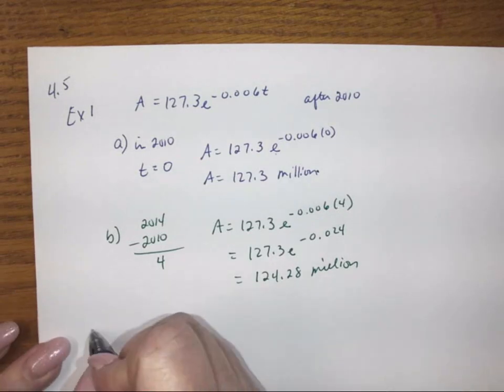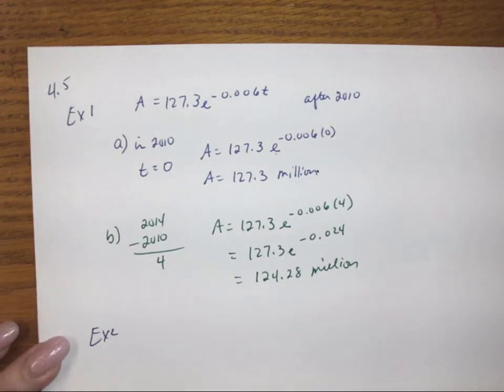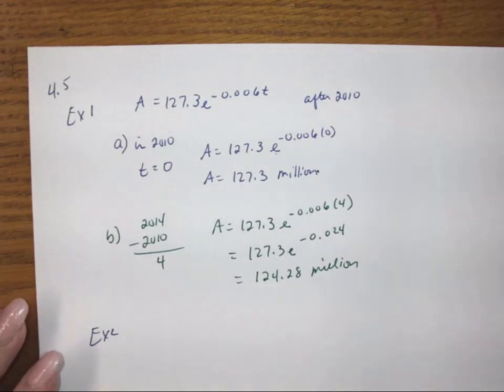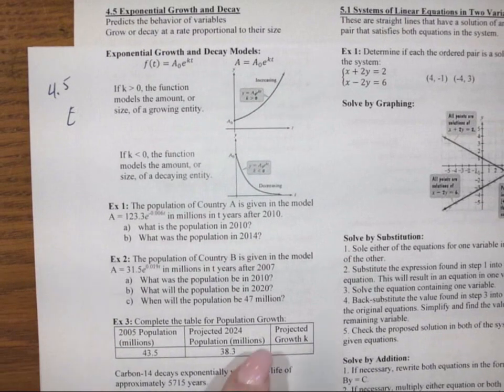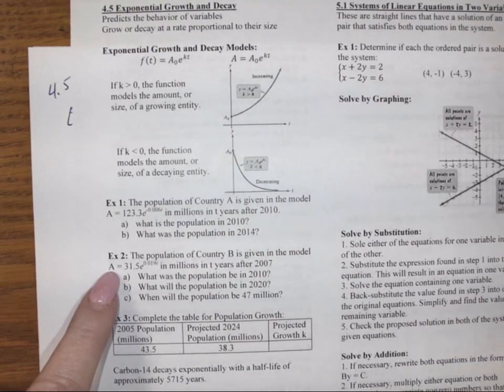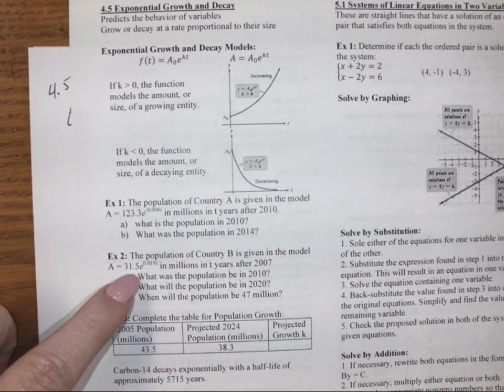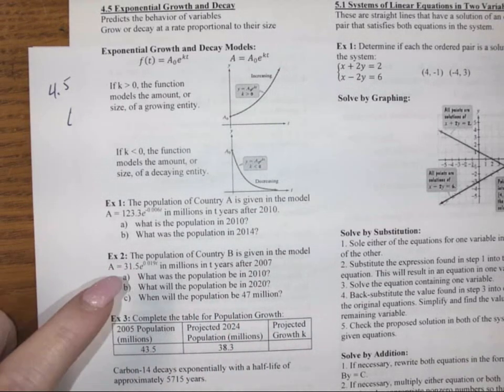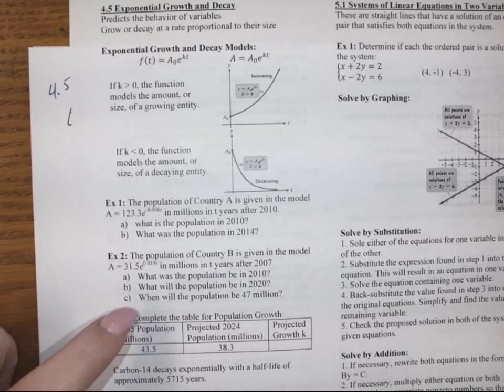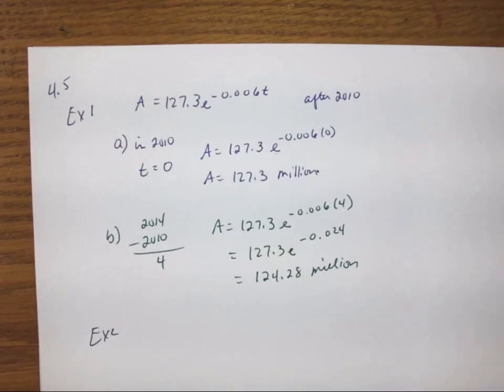All right, let's look at example 2. In example 2, we have the population of country B given in the model in millions after 2007. What will the population be in 2010? What will it be in 2020? And when will the population be 47 million? We are going to start by looking at our equation.